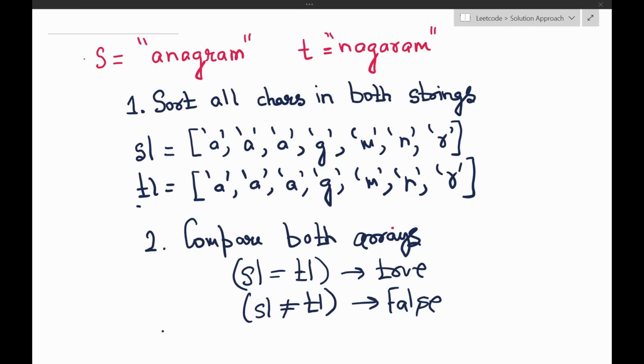Now please note that since we are using sorting in our approach, this will cost us time complexity of order n log n, which is good but still not the optimum. So let's see how we can reduce this complexity of O n log n to order n with the next approach.